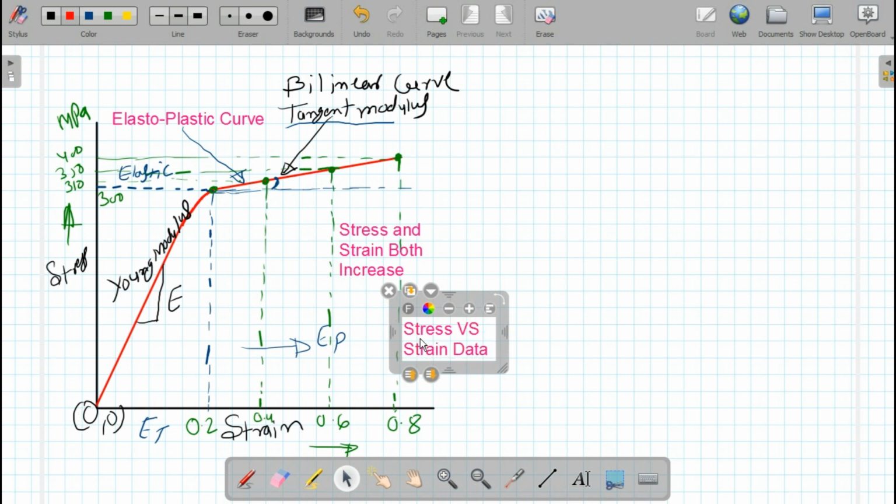You need stress versus strain data, okay?